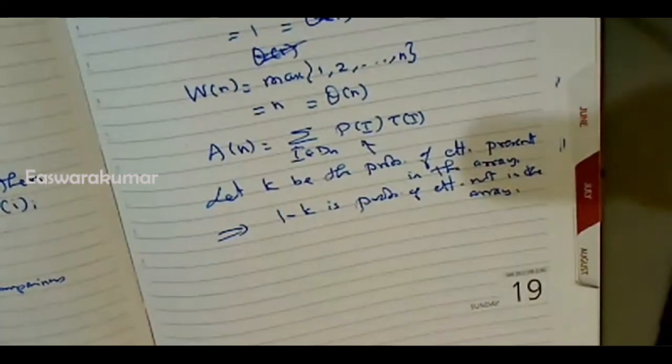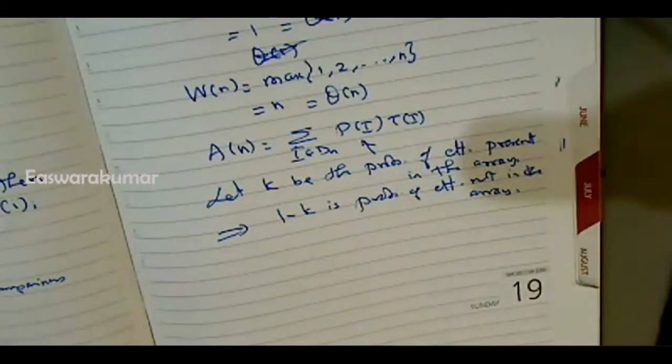Suppose element is present in the array. Where can it be present? It can be in the first position, or the second position, or somewhere in the middle, or it may be in the last position also.